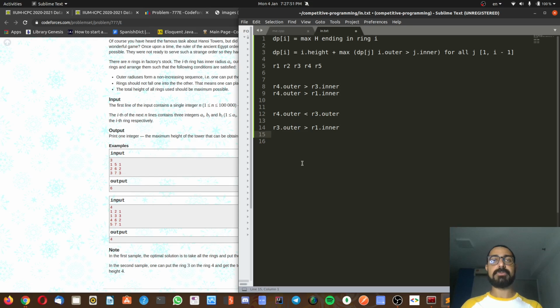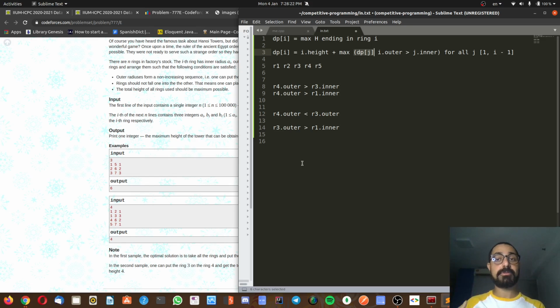Initially we will merge all the rings that had the same outer height. We now have unique outer heights. We will sort all the outer heights from the biggest to the smallest, and then for every value we will calculate this dynamic programming answer, which is the maximum height ending at this element: the height of this ring plus the maximum answer from all the previous rings such that I can be placed on top of that ring.